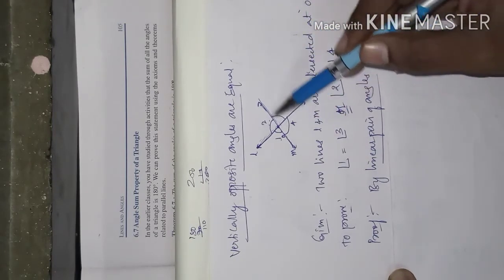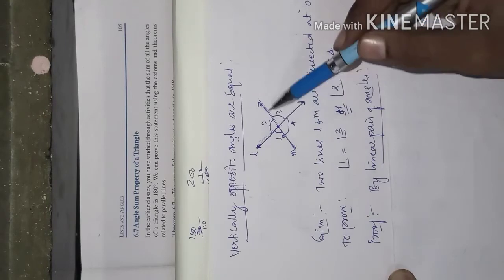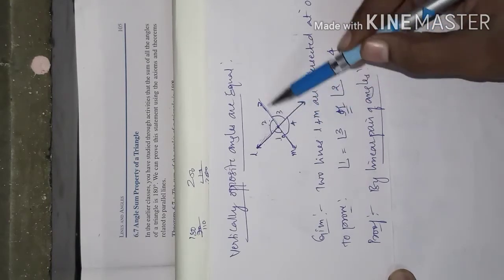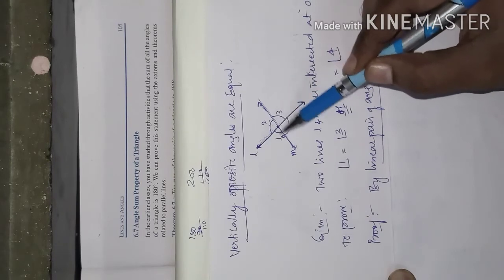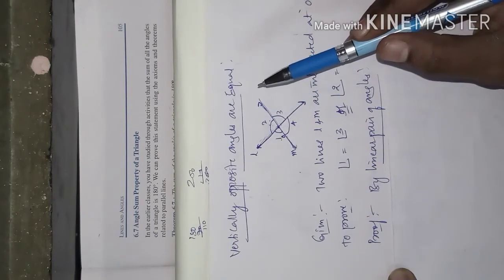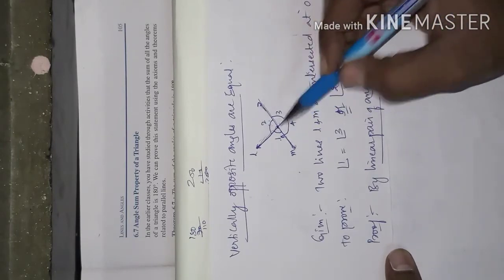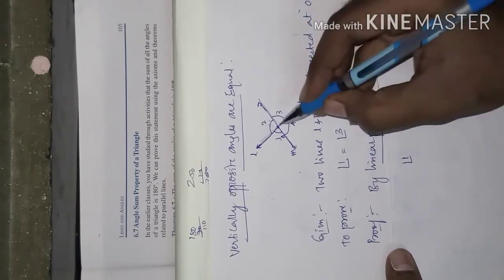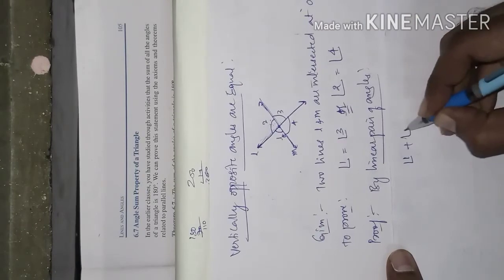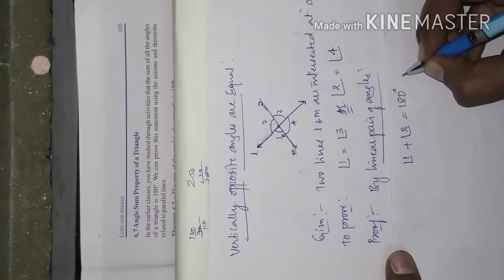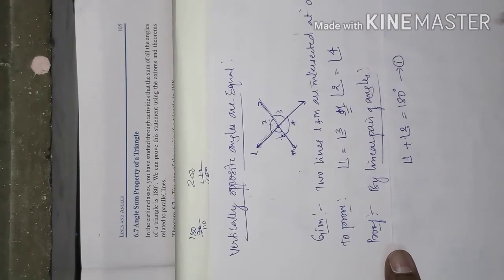Why? Because M is a line and OL is a ray standing on a line. The sum of the two adjacent angles is equal to 180 degrees. Clear with this? Fine. Angle 1 plus angle 2 are the two adjacent angles whose sum is 180 degrees. This is equation 1.